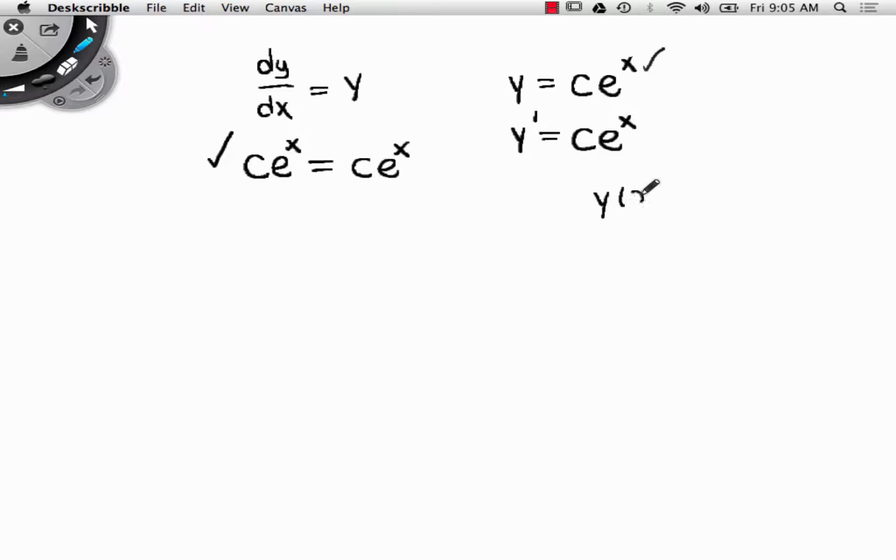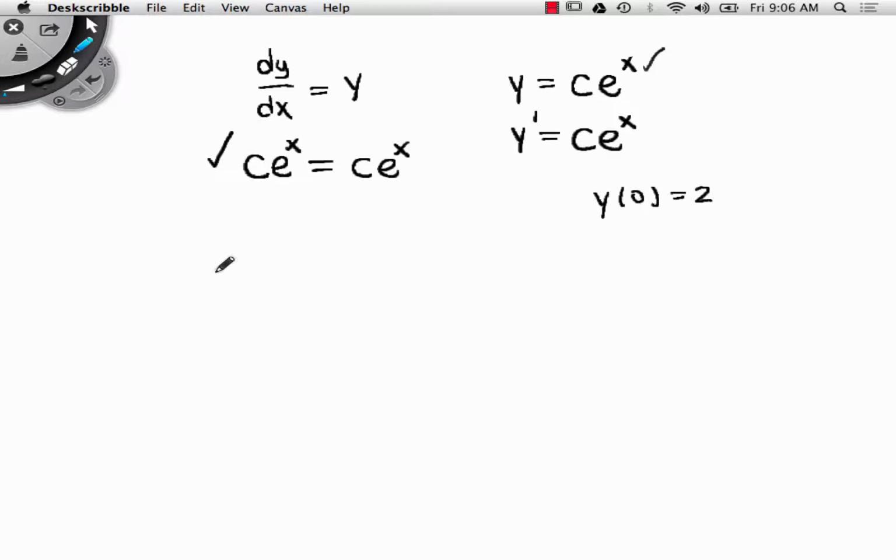I go back to my initial value, y of 0 has to be 2, and that's going to help me clear up what the unknown constant has to be. Why are we changing e to the c as a constant? Why can't we leave it like that?